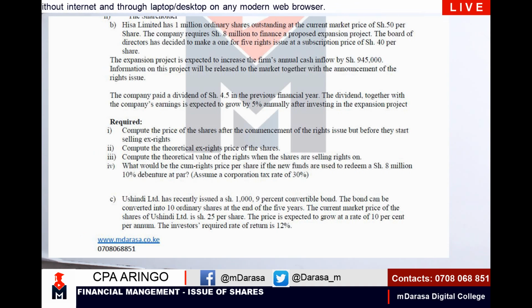This is what we normally refer to as a rights issue. Meaning that they are given the shares at a discount. Basically, that is what we normally term a rights issue.